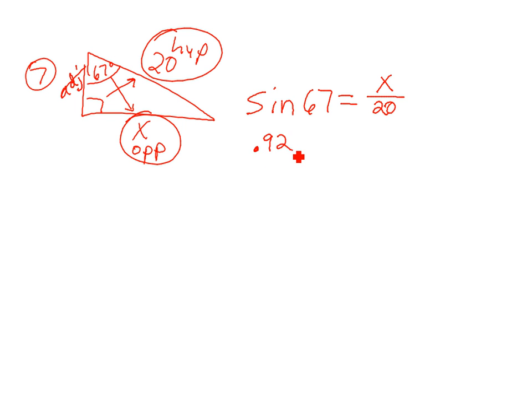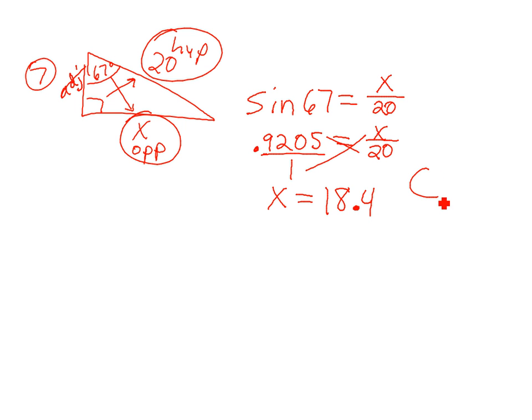Get 0.9205 equals X over 20. Put a 1 underneath this. Cross multiply, you get just X. Multiply here, and you get about 18.4. Look at your paper, and that's letter C.